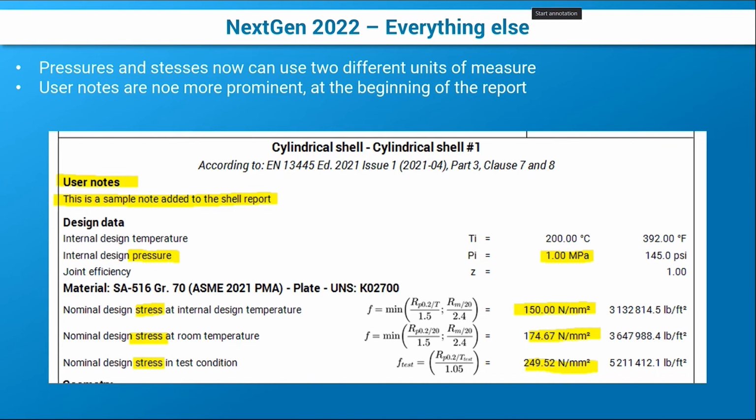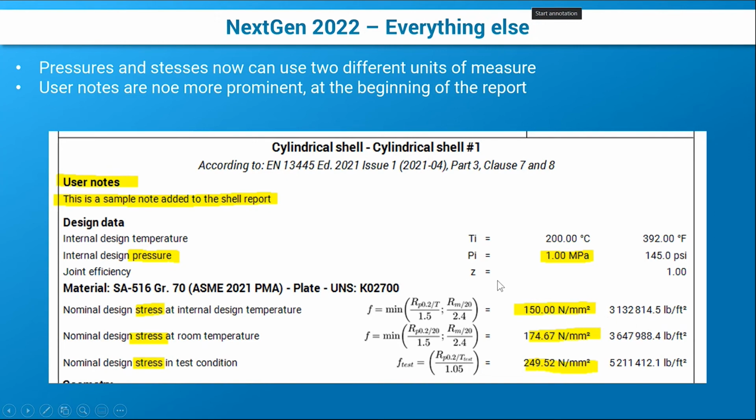So if you are making some consideration and you want to communicate something to who is reading, now you can add the note, and it doesn't go as the last thing on the report, but it's moved to the first thing. And here you can see how we have the internal pressure printed in megapascal, and then the stresses in Newton over a square millimeter.